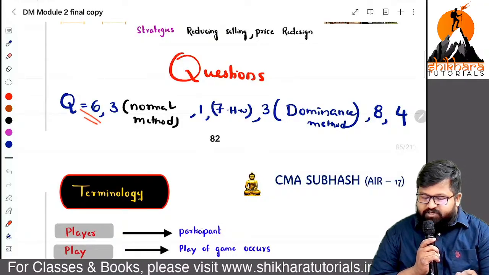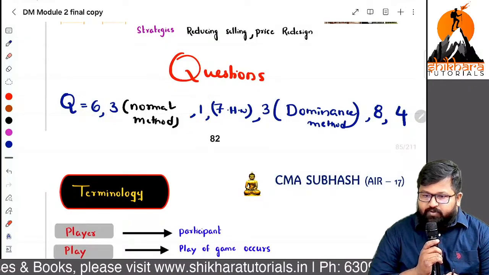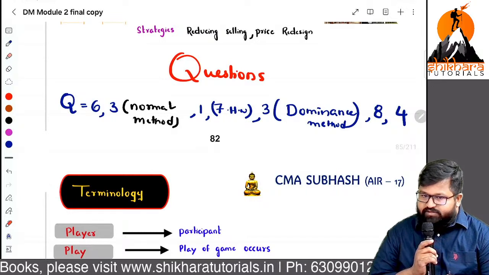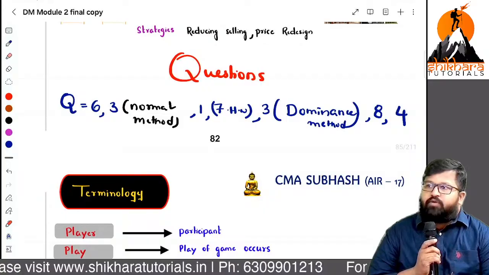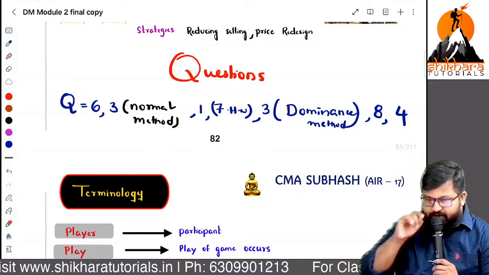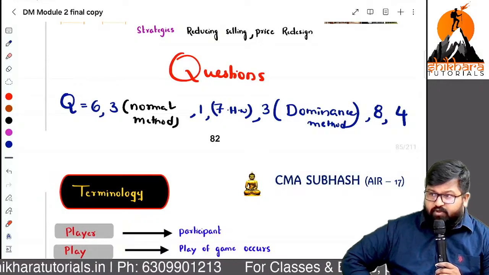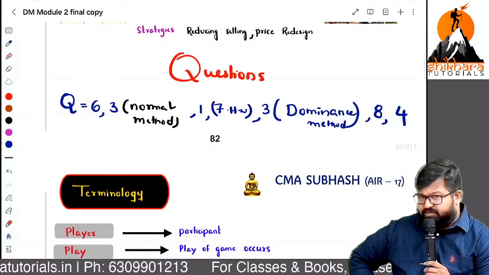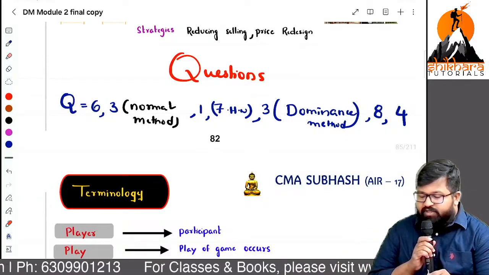First, question number 6, next 3, next question number 1, and 7 is similar to 1, so you can take it as homework. And question number 3 again, we are doing with the dominance rule. Question 3 will be done in all the methods: first, the normal method, and second, the dominance rule.